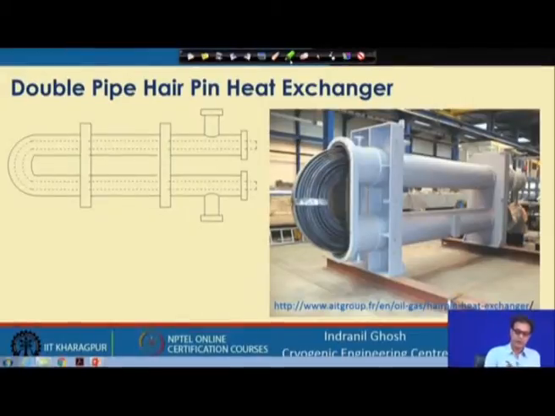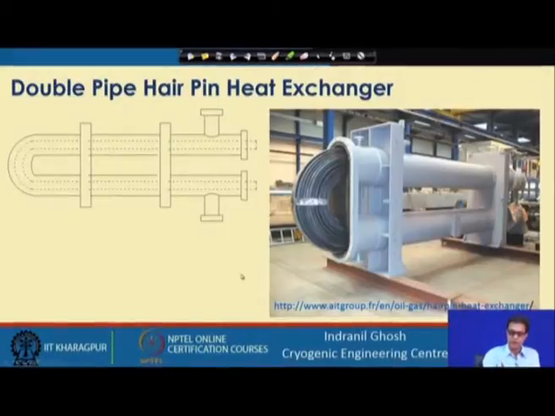We know the hairpin looks like a pin like this, and this is similar to that configuration. That is why we call it a hairpin heat exchanger. So, this is one of the simplest geometries possible with this heat exchanger.